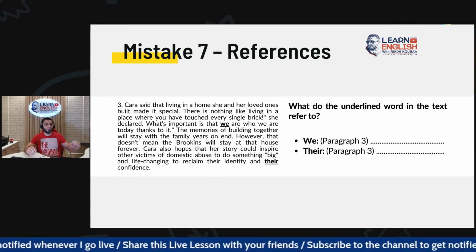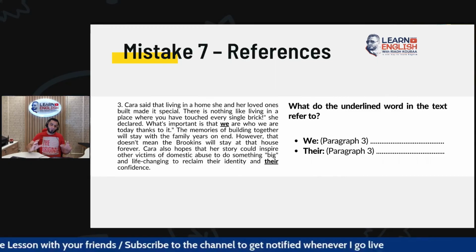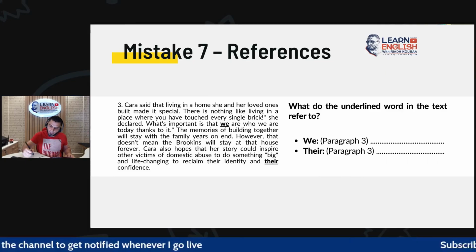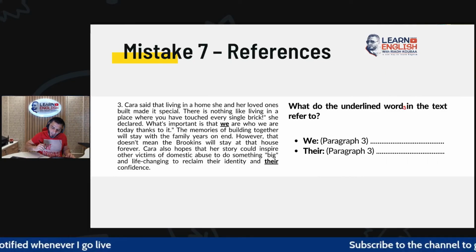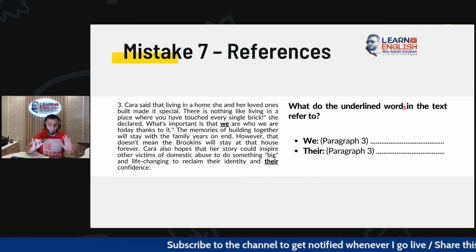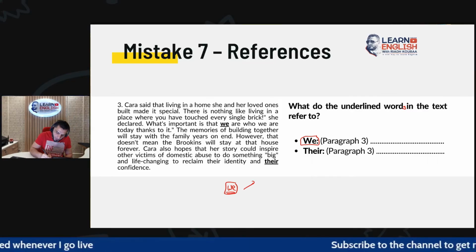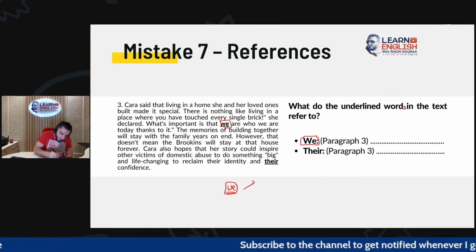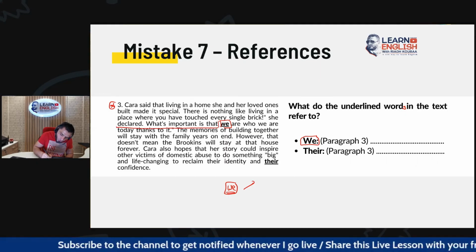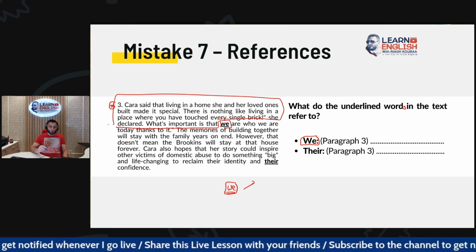Clear? Last question, which is the reference question. What do the underlined words in the text refer to? This is very easy, actually. So first I have we. I have to find here, this is we in the text. Let me read from the beginning before this we and try to find what it refers to.